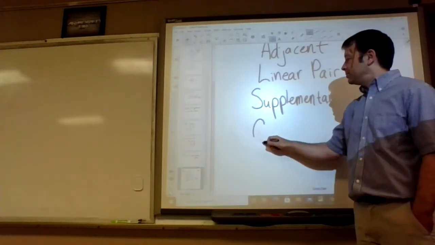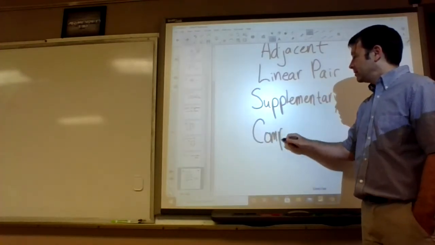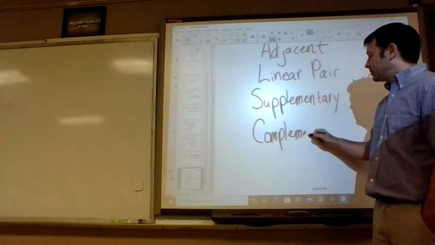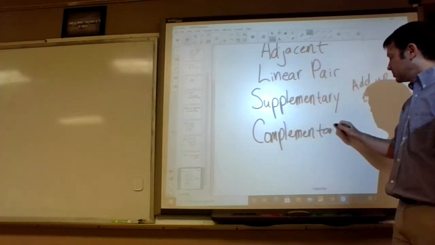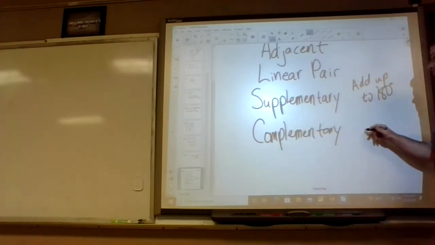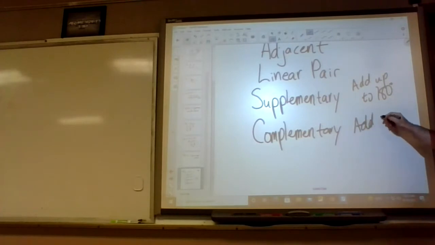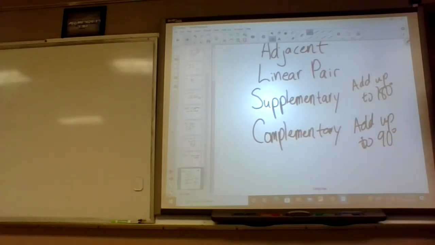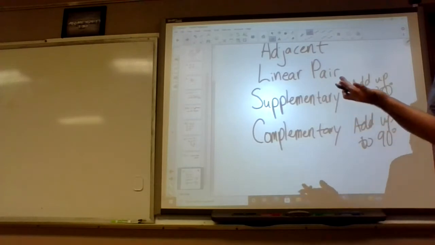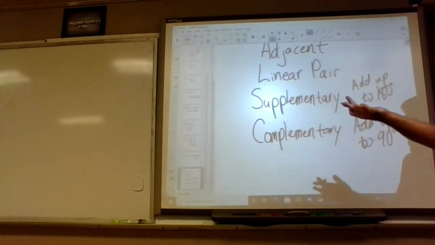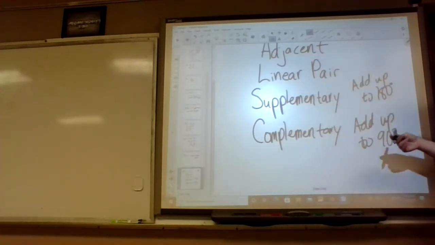If they add up to 90 degrees, they're called complementary angles. So if I have one angle that's 30, what would its complement be? 60, because 30 plus 60 is 90.